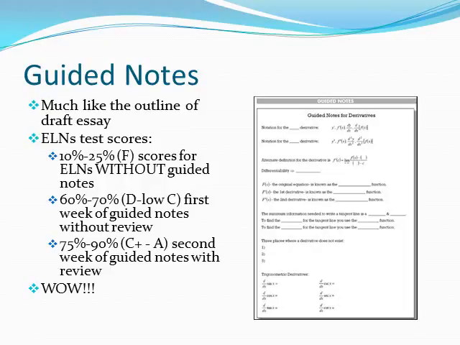That went from an F to between a D to a C minus. In the 2nd week of guided notes with the review, the scores were outrageous at 75% to 90%. That jumped to a C to an A. That is just outstanding.